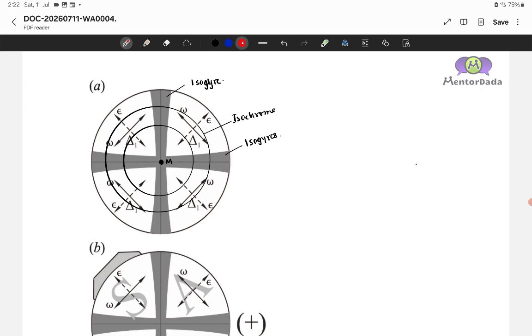And we already know that E ray and O ray vibrations are present in this field of view. The vibration direction of the omega ray is tangent to this isochrome, right? So they vibrate tangentially with the isochrome.